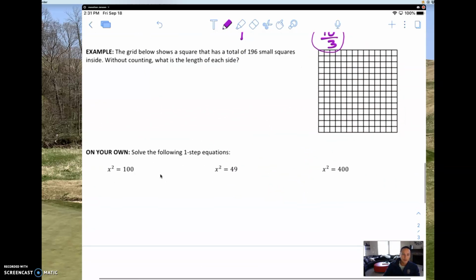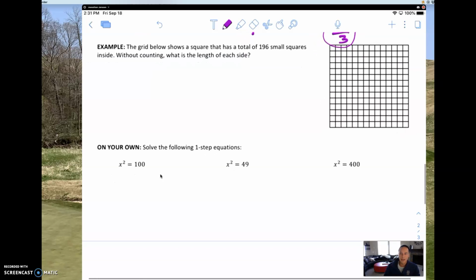All right, one more example. We have a grid that shows a total of 196 small squares. So if you count every single one of these squares in here, you would count that there are 196 of them. So I want to find what is the length of each side without actually counting it.